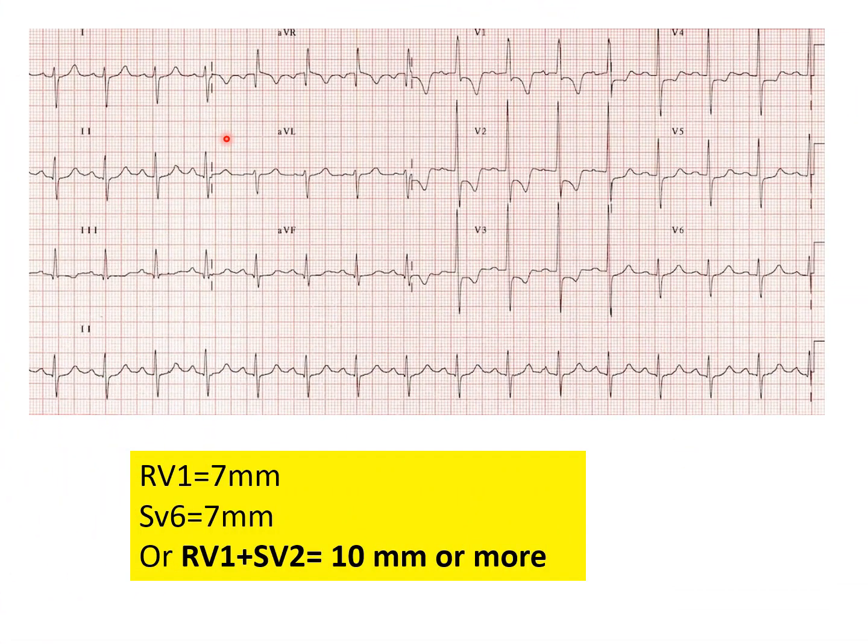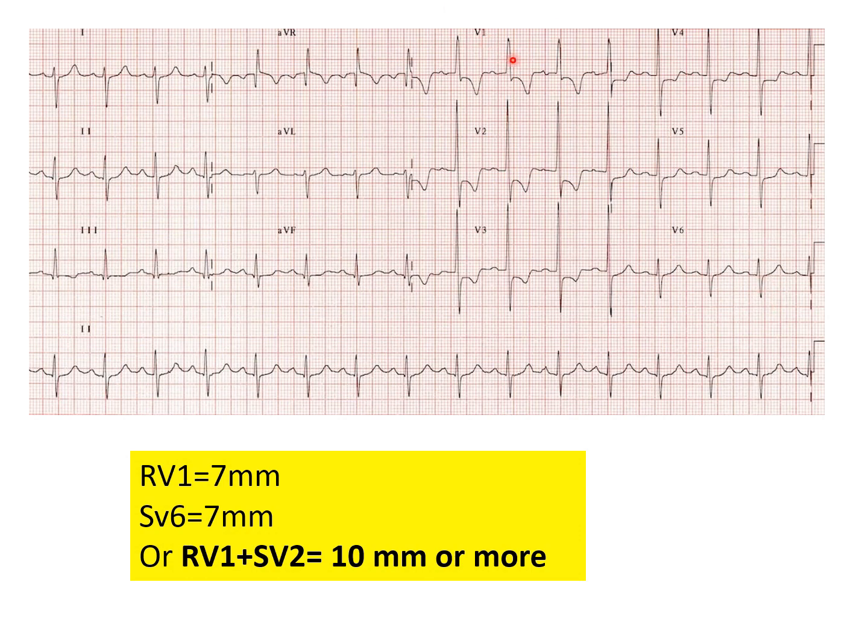This is another sample. If you consider RV1 and SV6, it will be more than 10 millimeter. So this will be a case of right ventricular hypertrophy. Here the R wave in V1 is around 12 millimeter, 12 small squares are there. And the S wave in V6, if you consider this is the S wave in V6, here you have around 8.